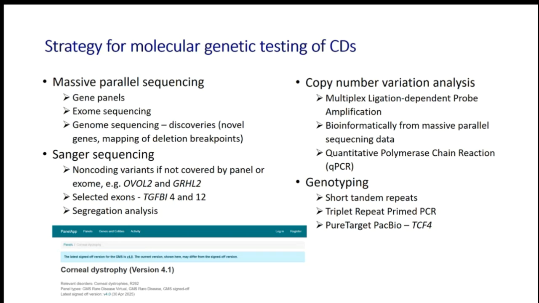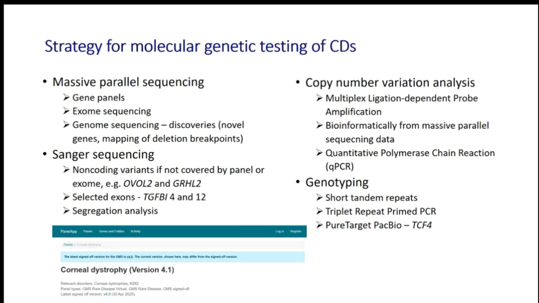For some diseases, you need to perform copy number variation analysis, and there are several options. I think nowadays, if you go for gene panel or exome sequencing, the first try would be bioinformatically from massive parallel sequencing data. But sometimes for some of the genes there may be multiplex ligation-dependent probe amplification, or, in my opinion a little bit old-fashioned, quantitative polymerase chain reaction.